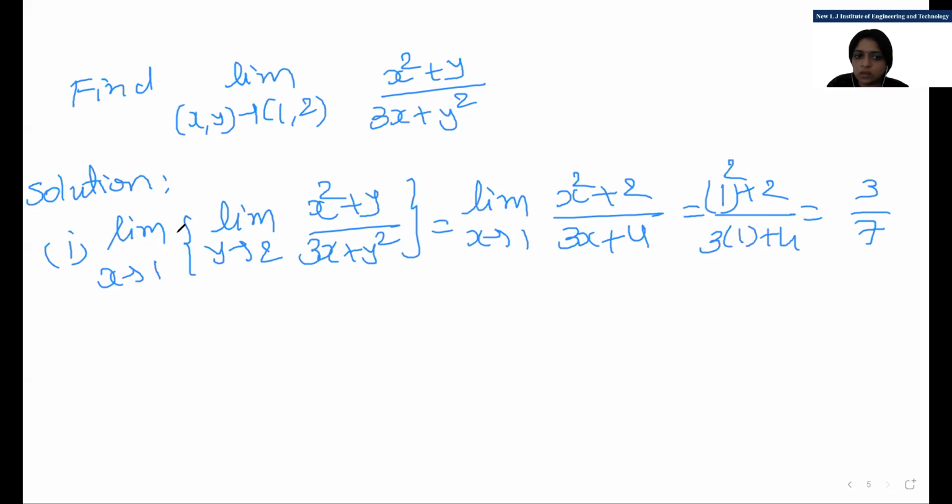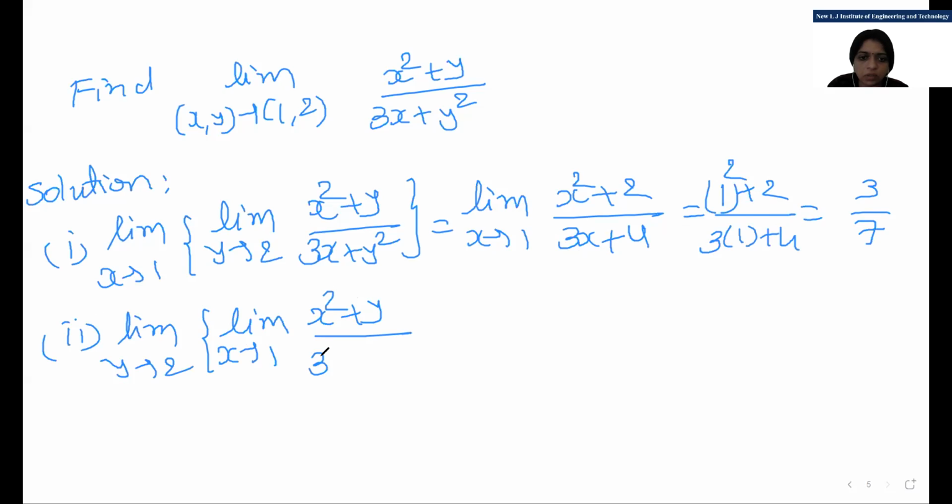This is from the first. Now the other one, that is limit y tends to 2. Here first we apply limit x tends to 1, so (x square plus y) upon (3x plus y square). So limit y tends to 2, keep it same.